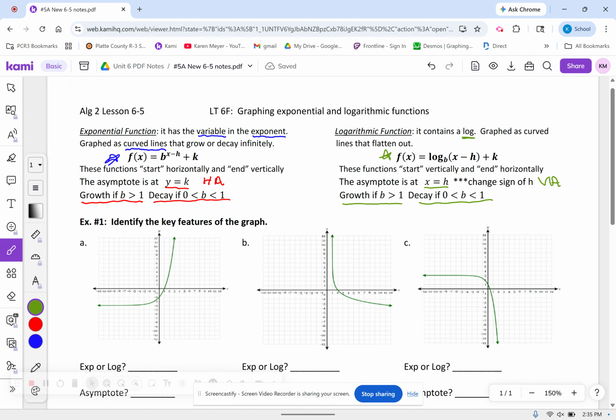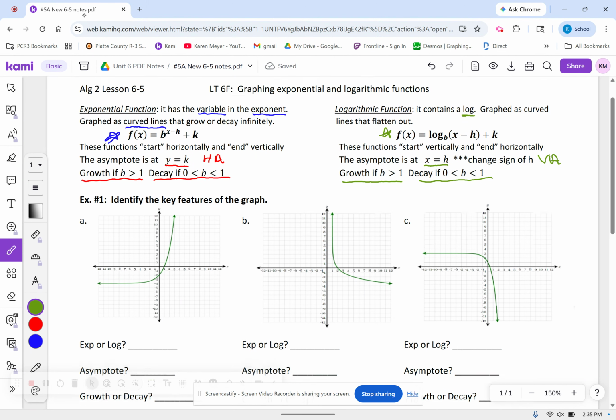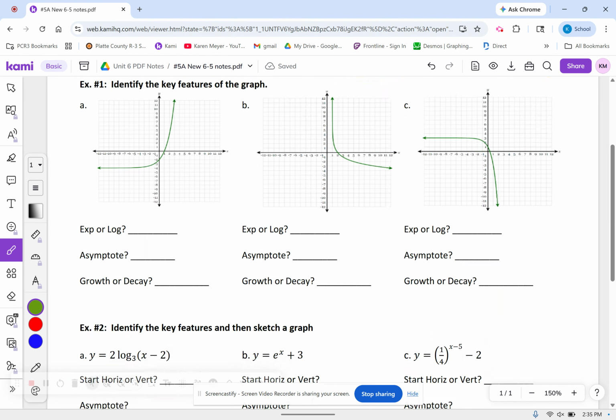All right, so let's scroll here and try our first example. The first thing we have to do is determine if it's exponential or log. So we need to determine, how does it start out?